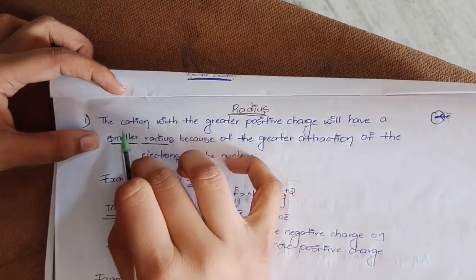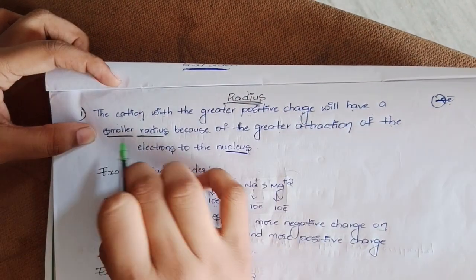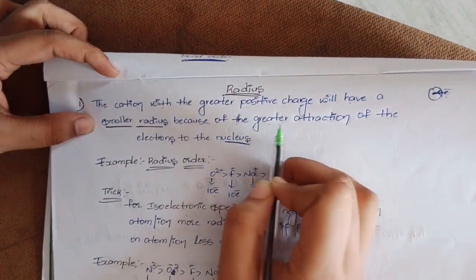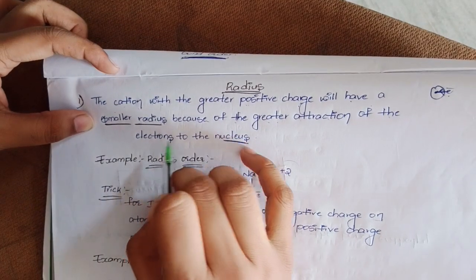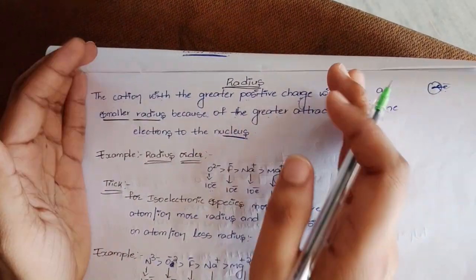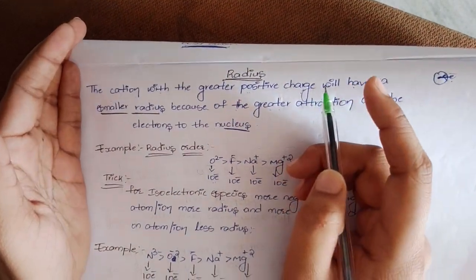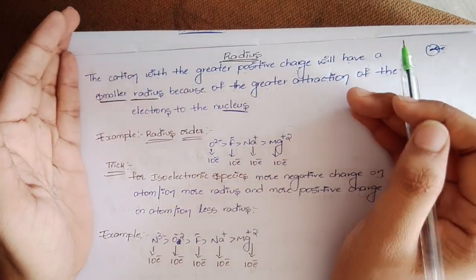See here, the cation with the greater positive charge will have a smaller radius because of the greater attraction of the electrons to the nucleus. See here, cation. Cation means plus charge. I told you plus charge means removing one electron from the outermost valency shell.